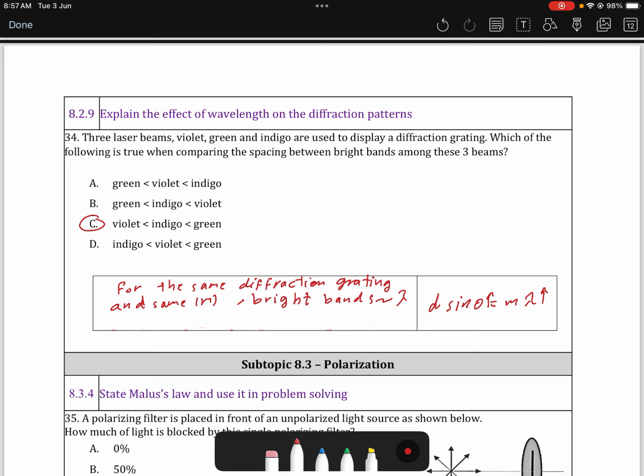So larger wavelength means larger angle. Okay. That is, wavelength is directly proportional with theta, which gives us the answer C. Okay.